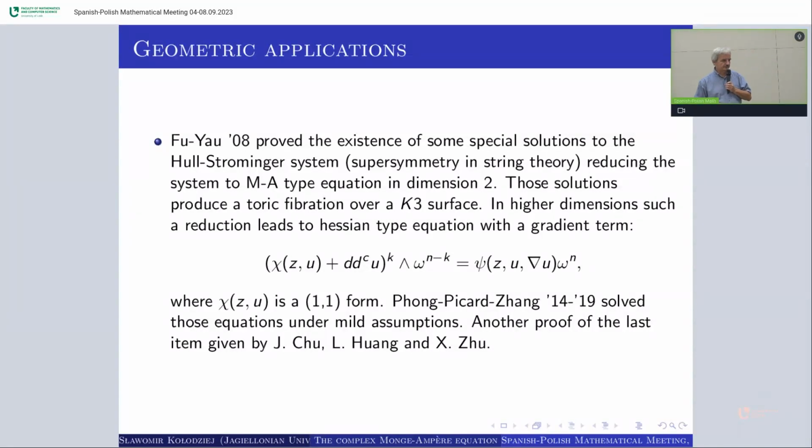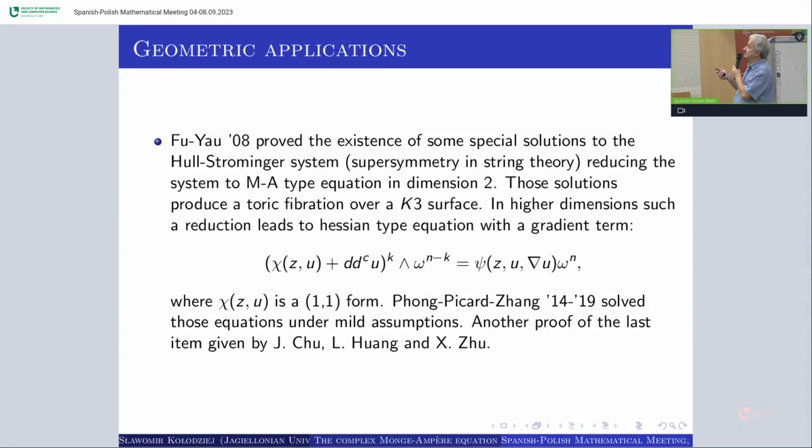The solutions obtained from this Monge-Ampère equation correspond to some toric fibration over a K3 surface. If you want to generalize this to higher dimensions, higher than 2, then the equation you obtain is a Hessian type equation, which we have here. And this is far more complicated than the one discussed before, sorry.